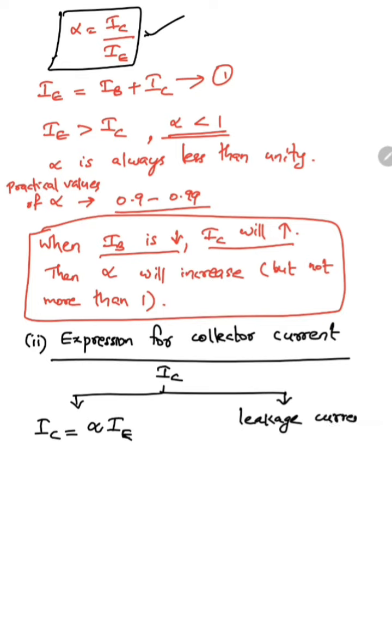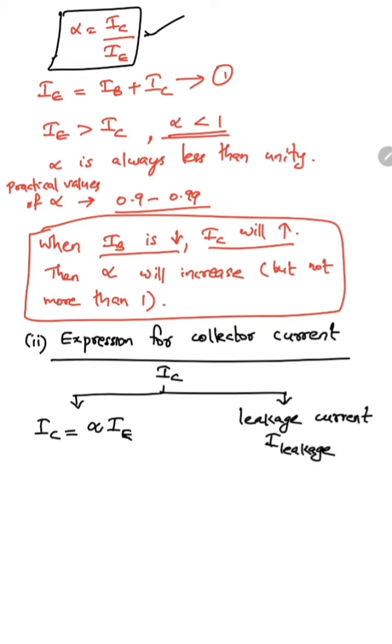So you know that minority charge carriers move across the base collector junction during reverse bias condition, and we will get current in the output. This is known as leakage current, which is denoted as I leakage.